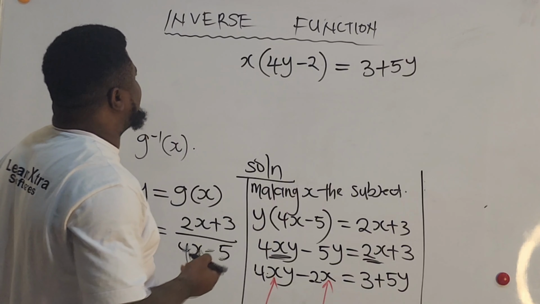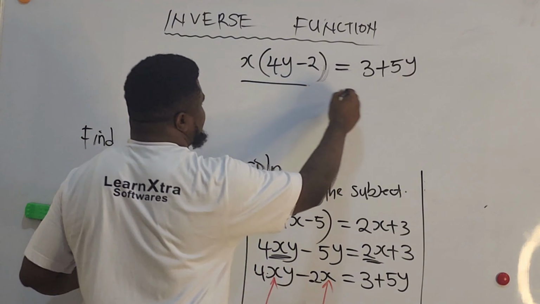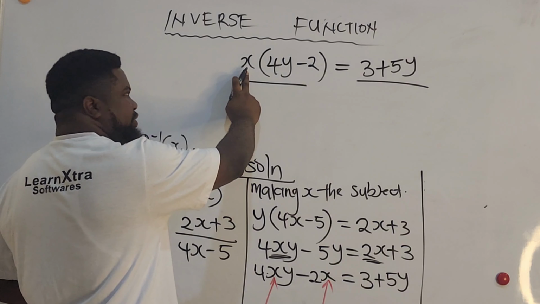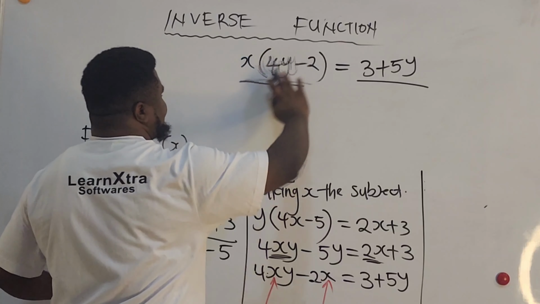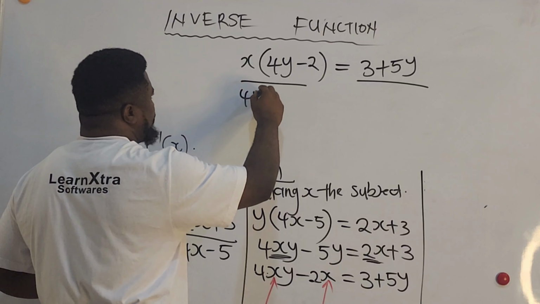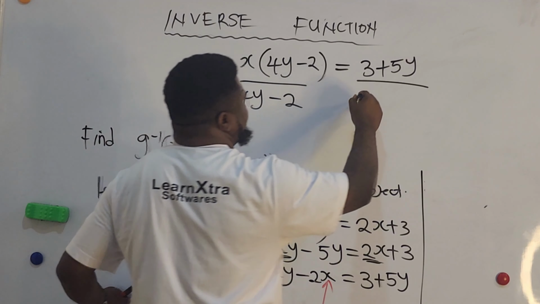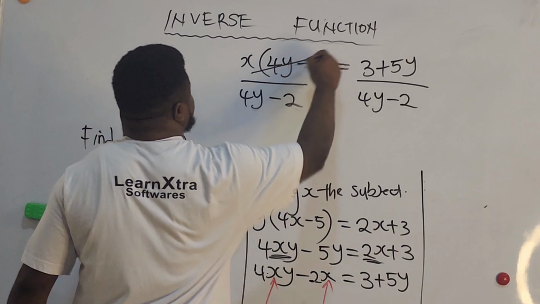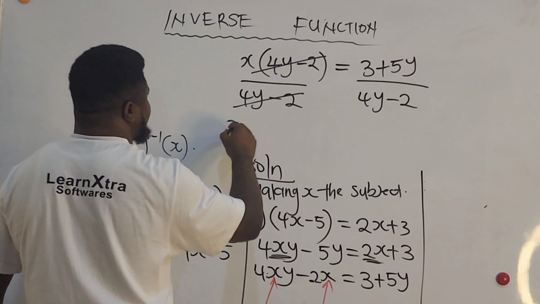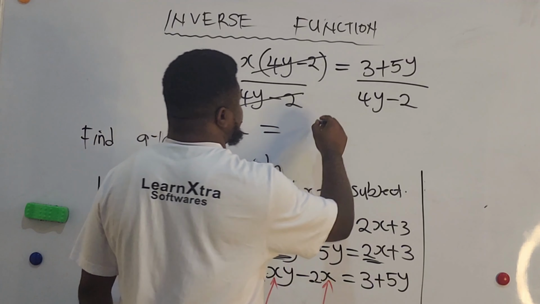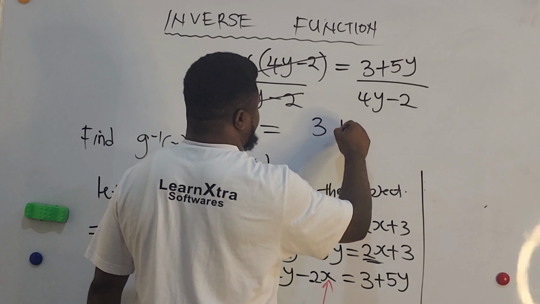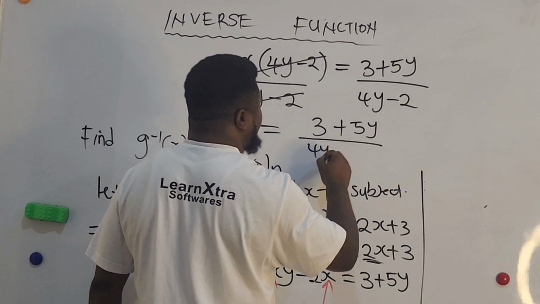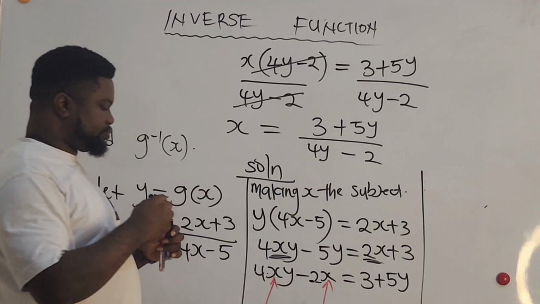I can now divide both sides by the coefficient of x, which is 4y minus 2, so that x can stay alone. So my x will be equal to 3 plus 5y all over 4y minus 2.